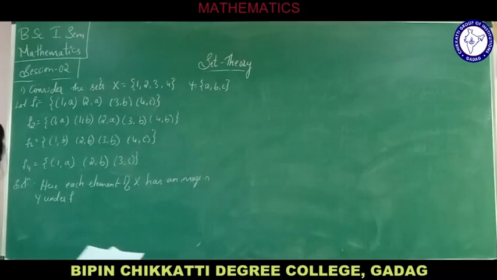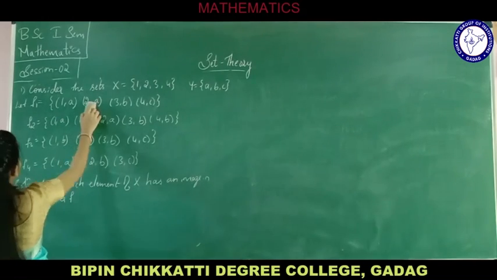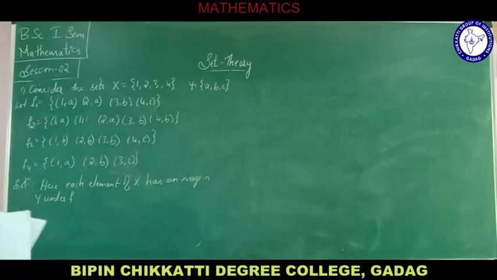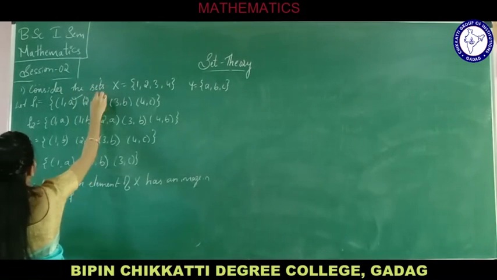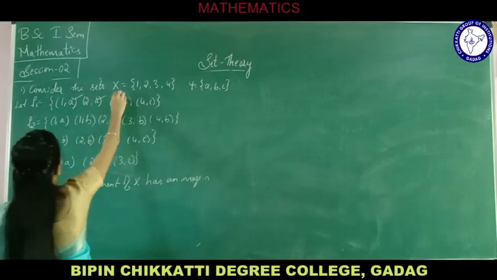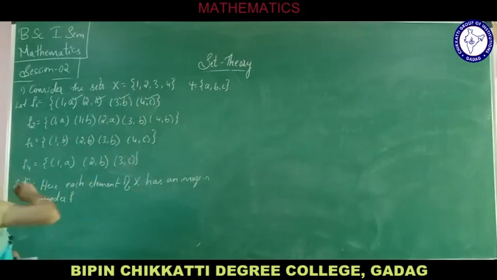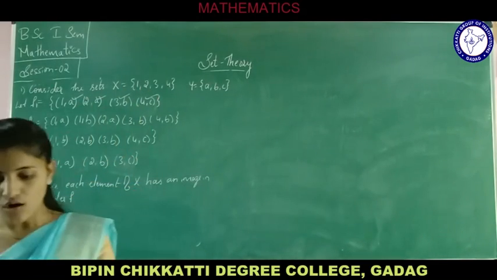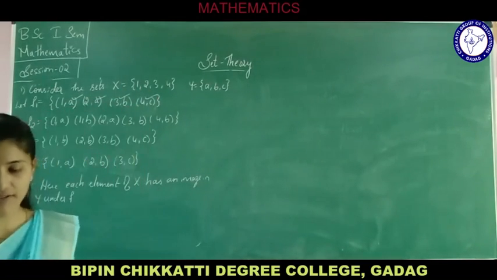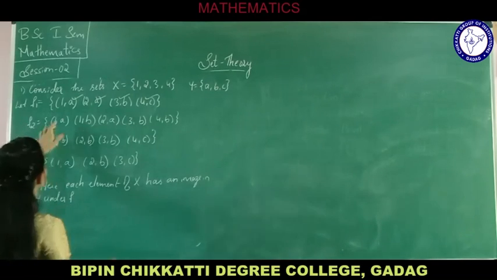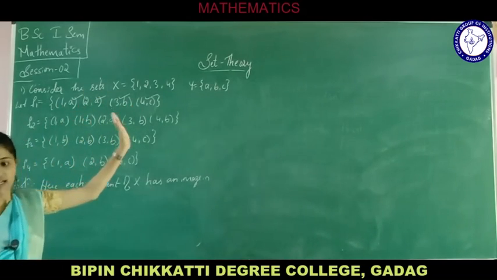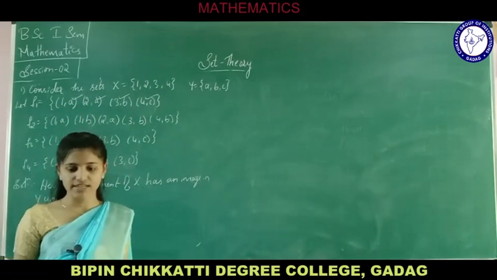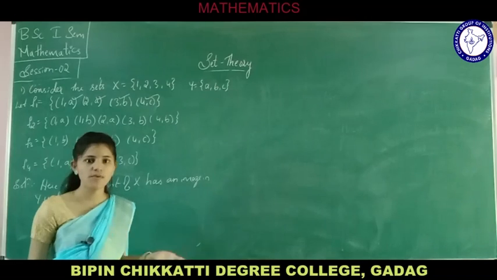For the first one, we have (1, a), (2, a), (3, b) and (4, c). Here all the ordered pairs in f1 have different first entries: 1, 2, 3, 4. Since all the first entries are different, f1 is a function from X to Y.